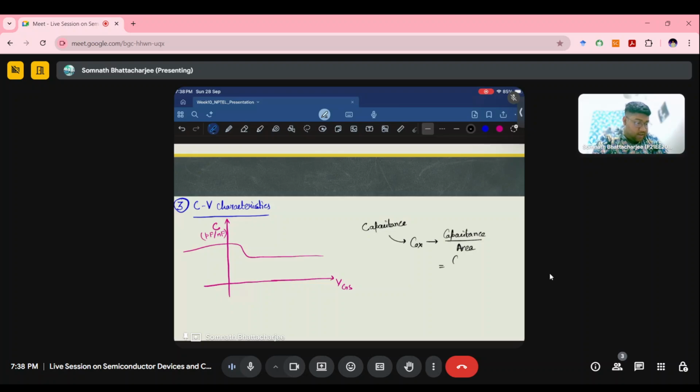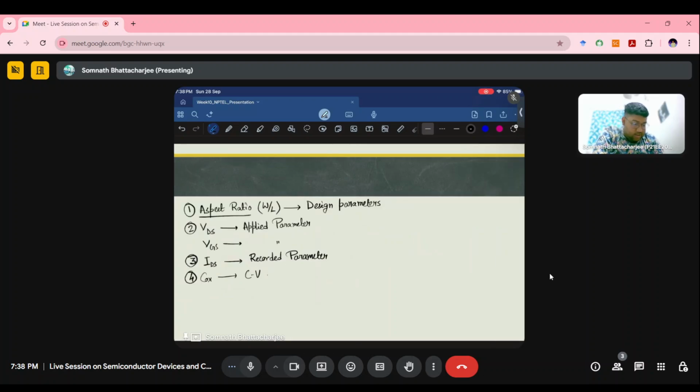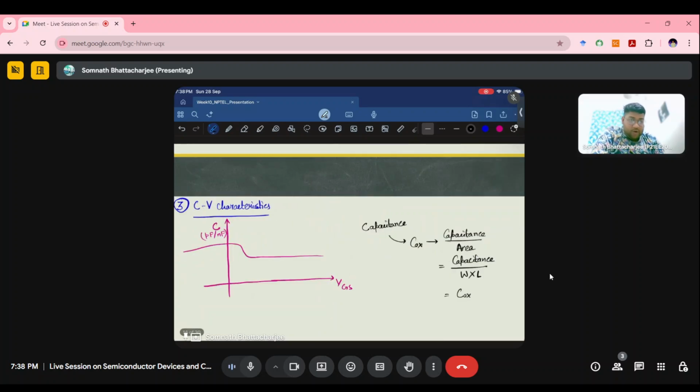Capacitance per area is nothing but capacitance divided by W into L. Now we know the value of W by L, and based on that we can get the value of Cox from the CV characteristics.